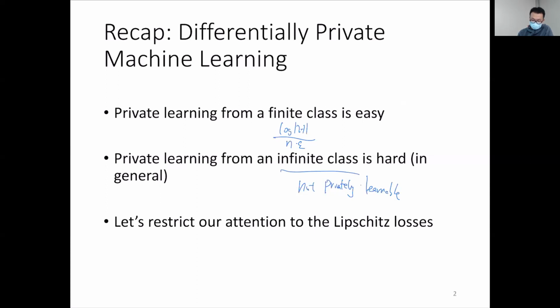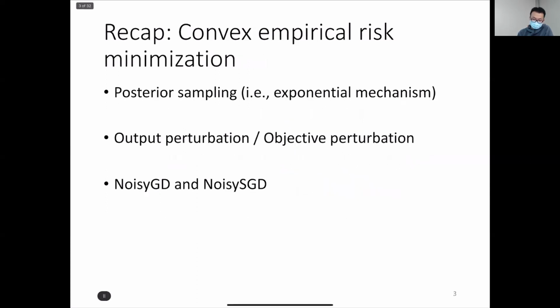So we moved on to talk about the convex empirical risk minimization problem. In these problems, the individual loss function that we're trying to minimize is assumed to be a convex function, right? In this case, posterior sampling and the exponential mechanism sample from a so-called log-concave distribution, and that becomes computationally efficient.